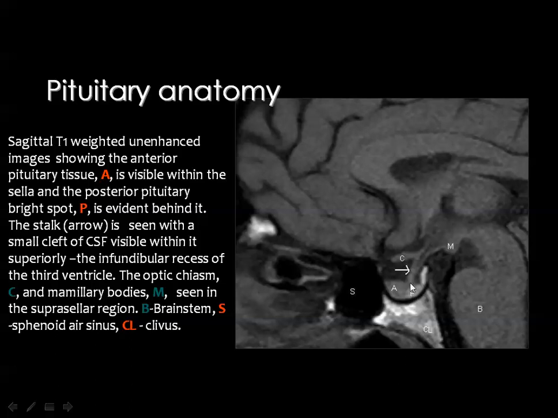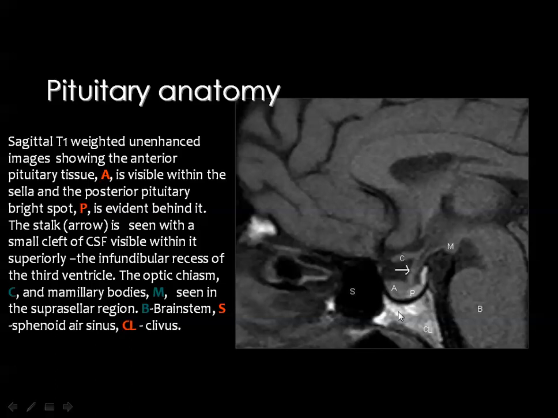Then this is the pituitary stalk, and I will mention the details of the suprasellar anatomy later on. Then you can see here some of the CSF inside the pituitary fossa. This is the sellar floor, and this is the dorsum sellae, and you can appreciate the difference between the posterior pituitary and the anterior pituitary.